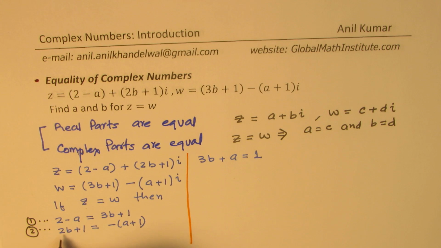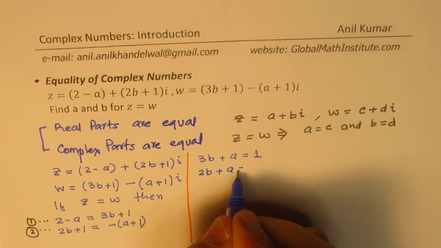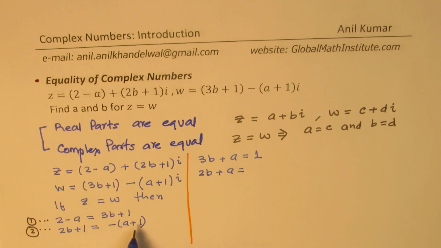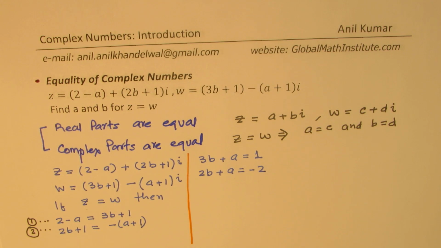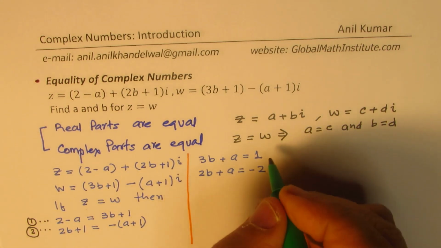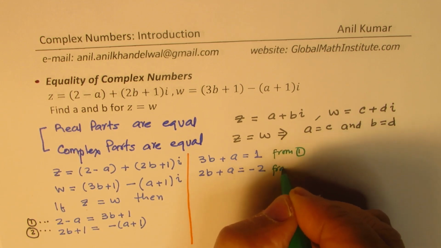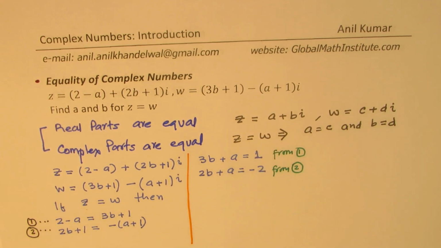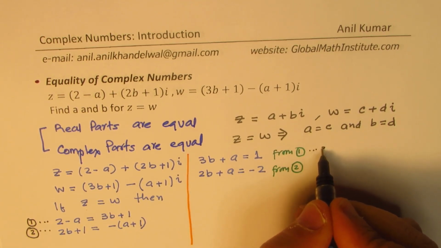And from the second equation, we get 2b plus a equals 2, taking 1 to this side, minus 1 is minus 2. So as you can see, we get these two equations, this is from 1 and this is from 2. Correct. Now, to solve them, let's call these our equation 3 and 4.